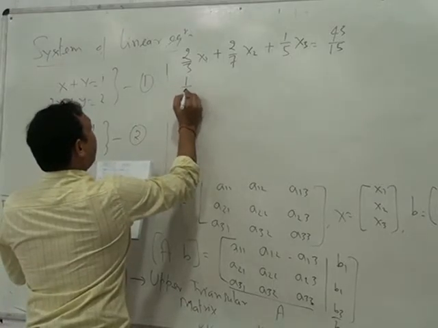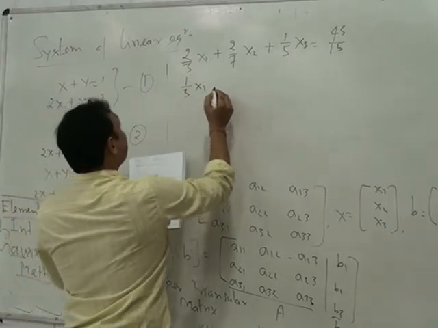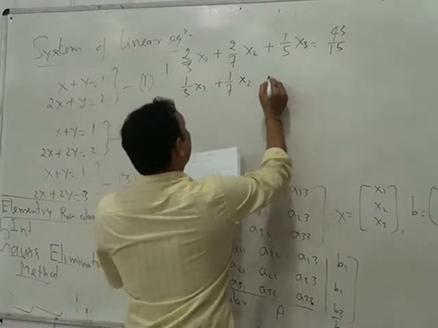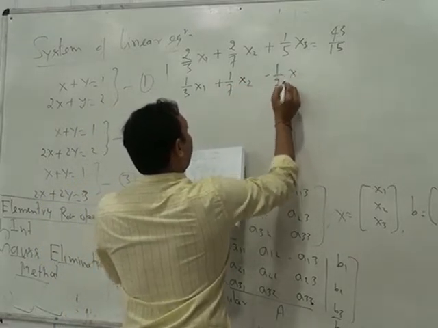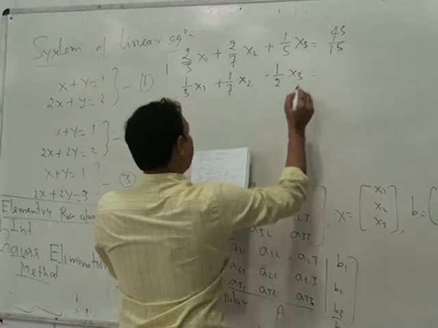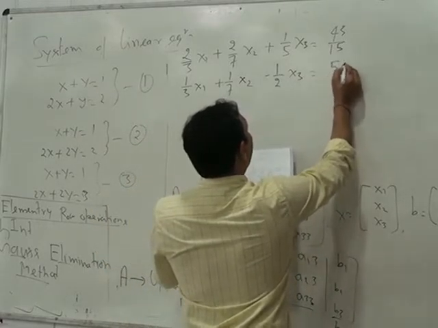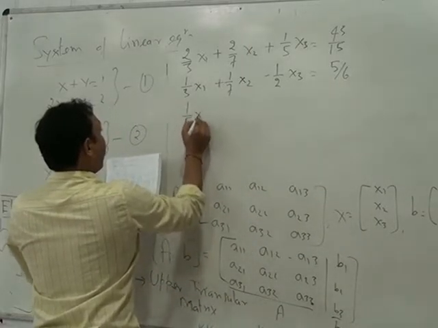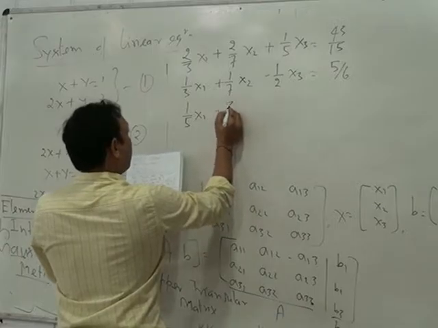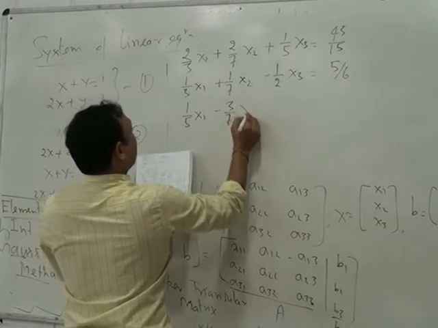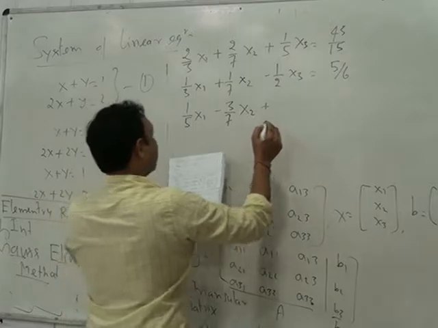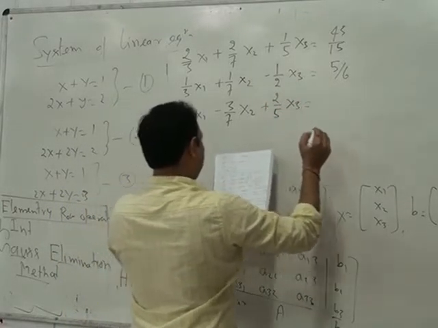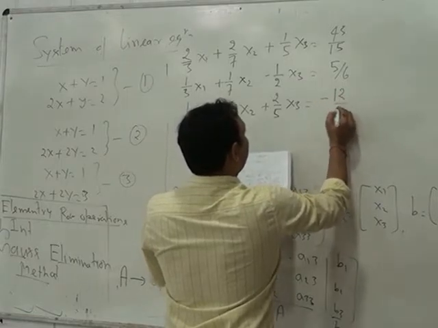And this is 1 by 3 x1 plus 1 by 7 x2 minus 1 by 2 x3 equal to 5 by 6, and 1 by 5 x1 minus x2 plus 2 by 5 x3 equal to minus 12 by 5. Write down this problem please.